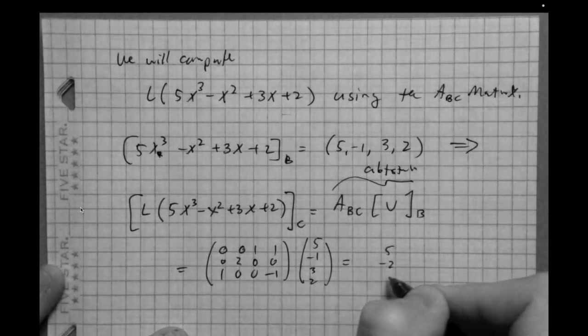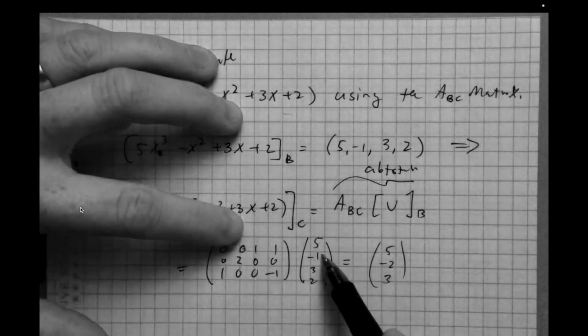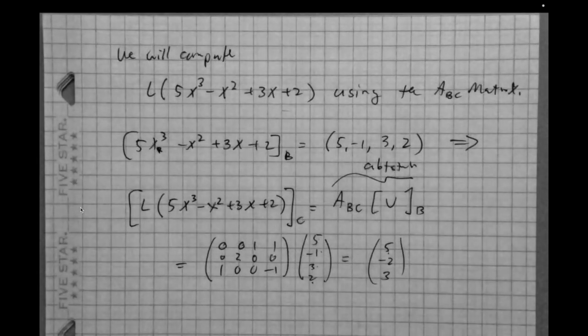And what do we get? 5, -2, 3. Right, so you can do that math. So it'd be 0 plus 0 plus 3 plus 2. That gets you the 5, right? You can just do that multiplication. Okay.